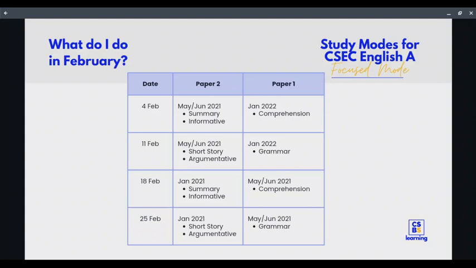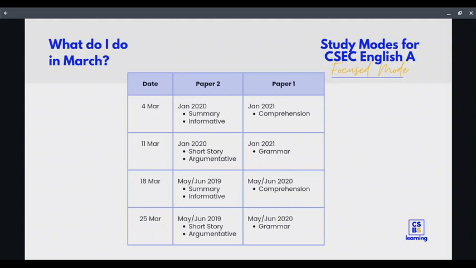The grammar is grammar. If you've never heard me say it before, the grammar in paper one is not my favorite. I don't particularly like the questions they bring. But you get some grammar to help with your overall expression, and short story and argumentative both rely on really phenomenal expression for you to get superior marks. So that's the process. This is what we're doing for February with my class.